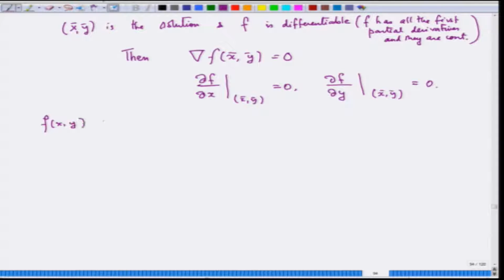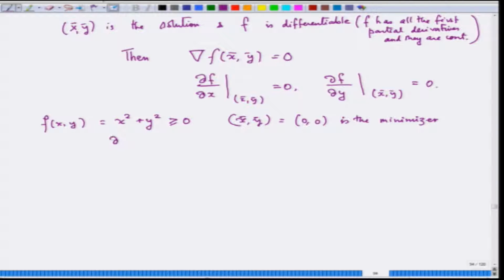Let us consider the function f of x y equal to x square plus y square, and test whether this is actually happening. This function is always greater than or equal to 0, and if I put x equal to 0 and y equal to 0, the function value would be 0. So, here x bar y bar equal to 0 0 is the minimizer.